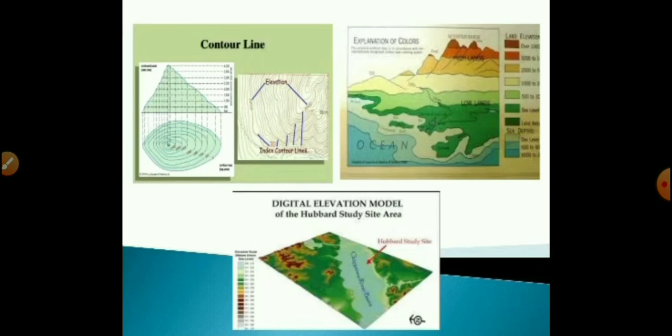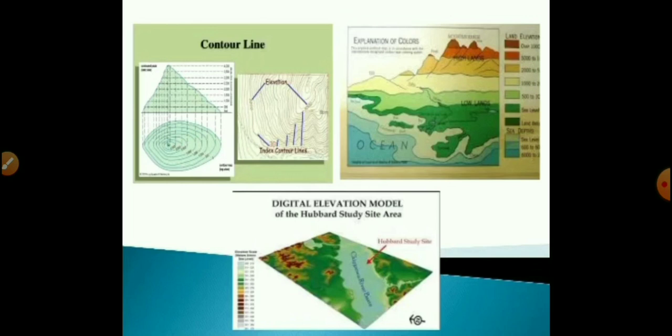The first two methods, the contour line and layer tinting methods, can be used to draw on paper, and accordingly we can differentiate using different colors and lines showing different heights. It becomes easier to understand these methods.